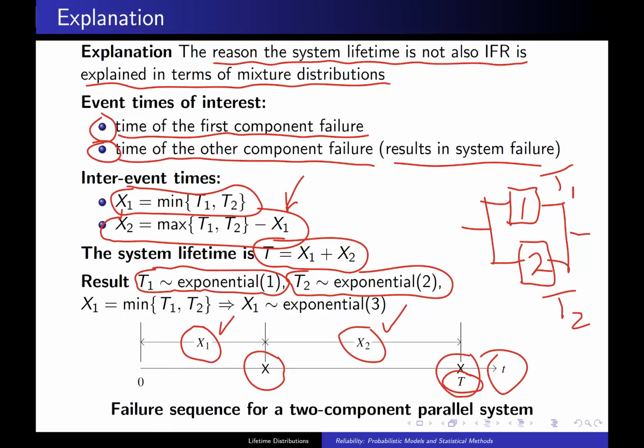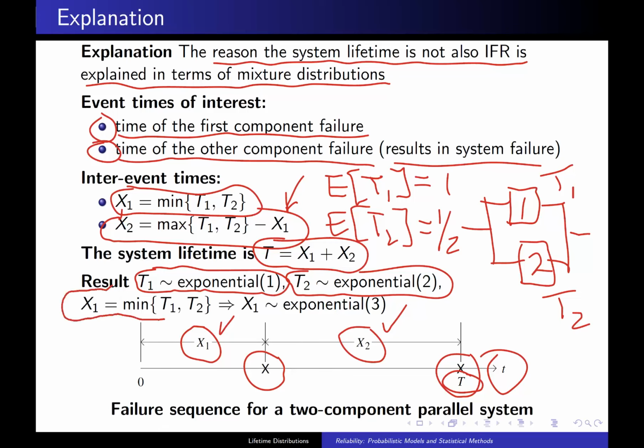Now remember that the expected value of t1 is going to be the reciprocal of the failure rate, so that's going to be 1. But the expected value of t2 is going to be the reciprocal of 2, so that's going to be 1/2. And that's where we get component 1 being the stronger of the two components and component 2 being the weaker of the two.